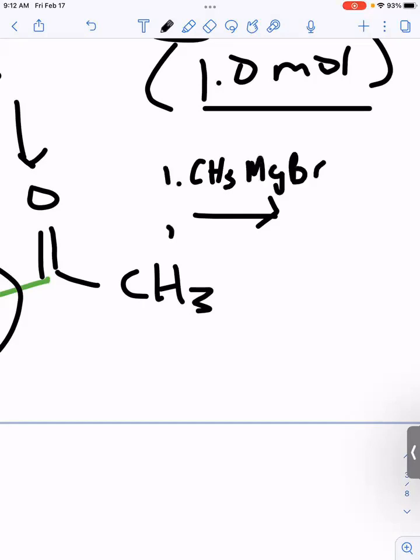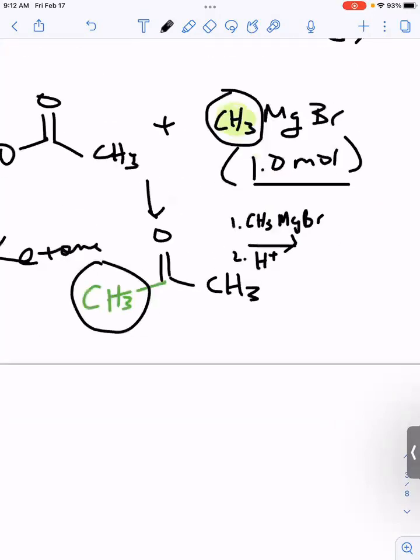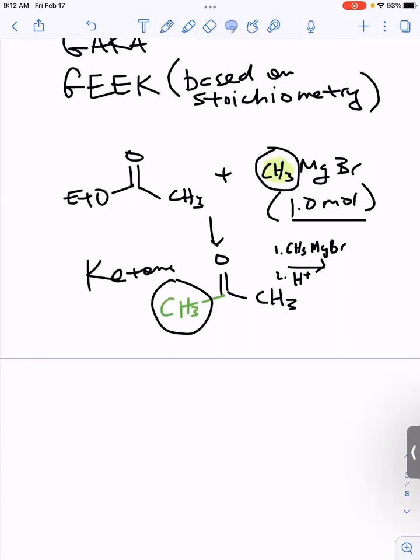What should I get if I take that ketone and add another Grignard to it?